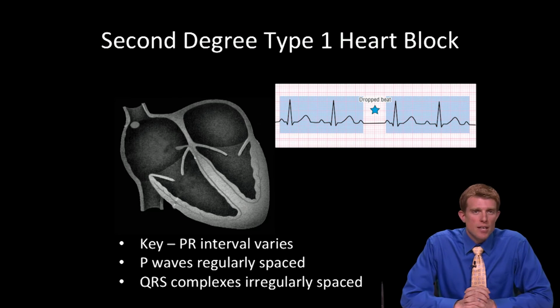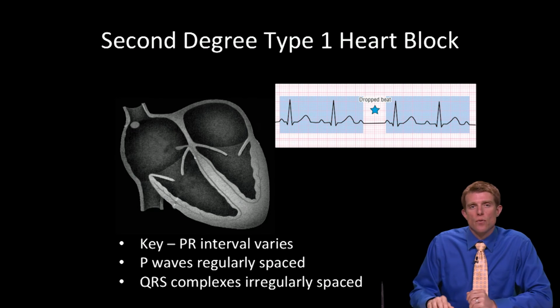So the key to identifying a second degree type 1 heart block is that the PR interval varies. The P waves are regularly spaced, but the QRS complexes are irregularly spaced because you have these dropped beats and this change in the PR interval over time.